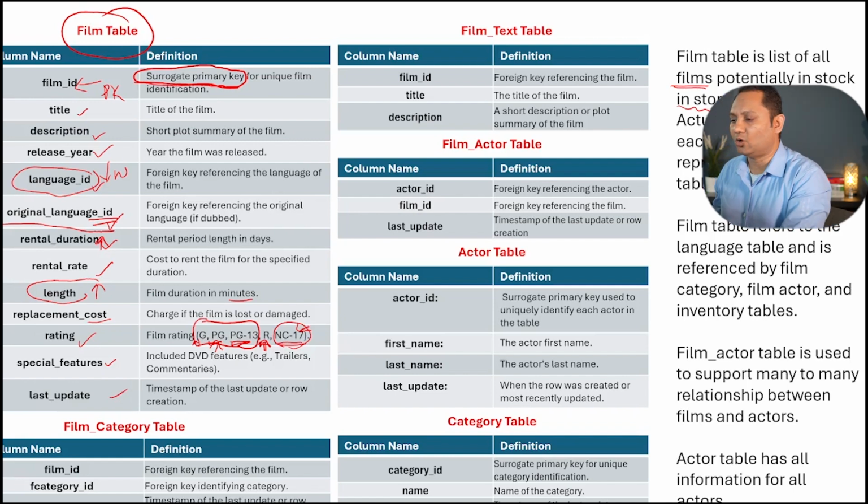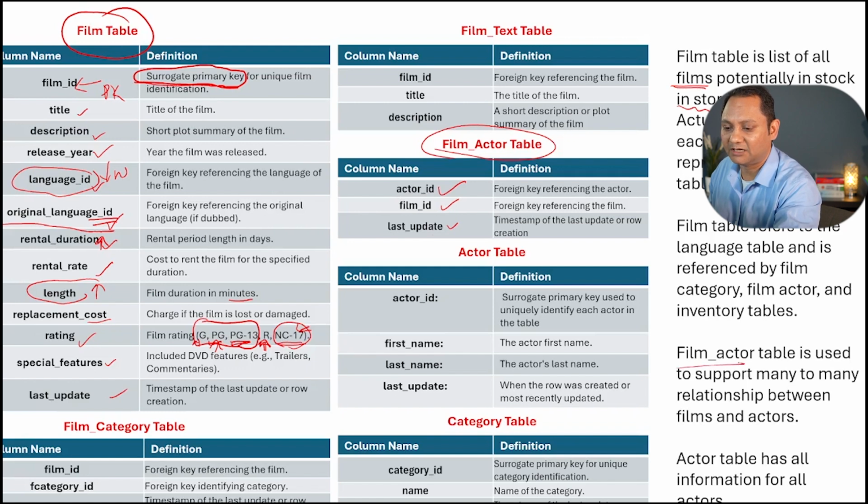The table would be joined by different other tables because, for example, look at the film actor table. Now, the film actor table has the information about what different actors have acted in that movie. So here you have an actor ID, film ID, and when that row is updated. So it is a many to many relationship.